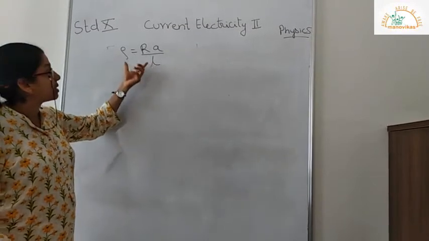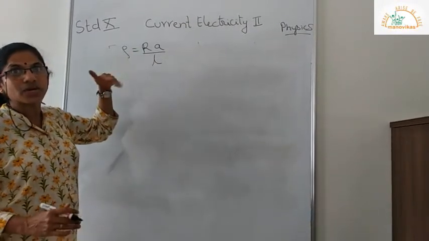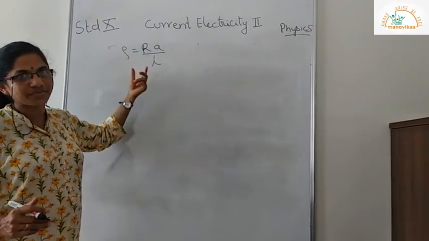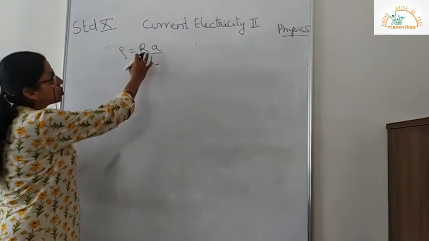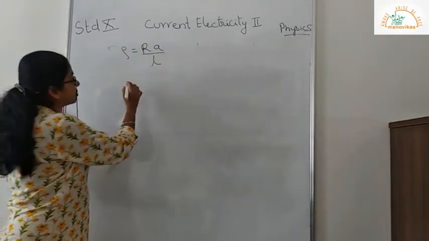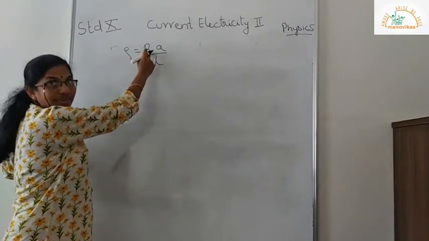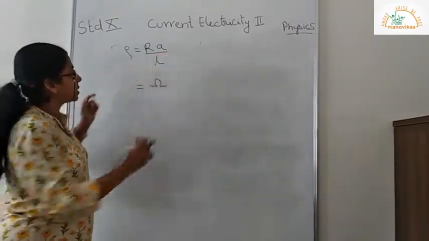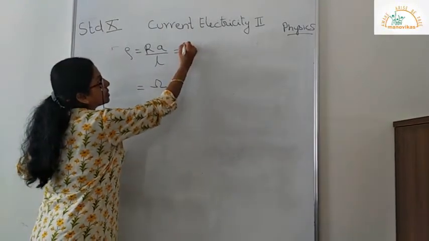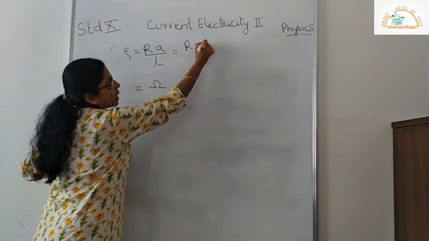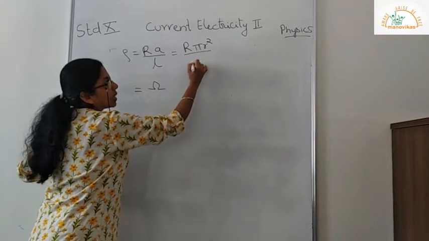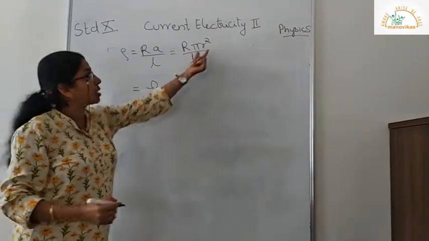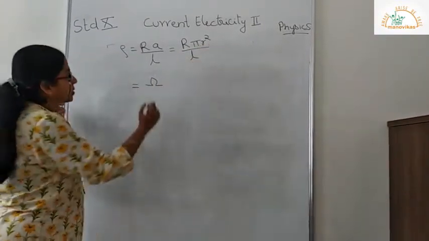Okay, now I'm going to derive the unit for resistivity, which is also called specific resistance. The unit of R is ohms. Resistance is given in terms of ohms. Now for area, this can be written as R times pi r squared upon L, where r is the radius.